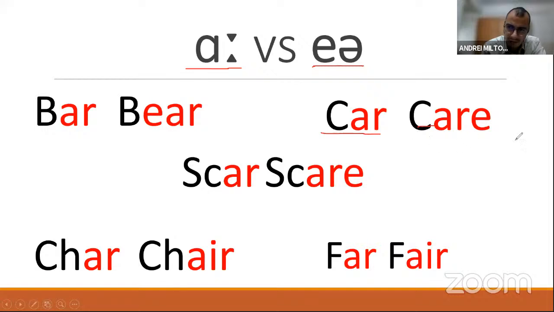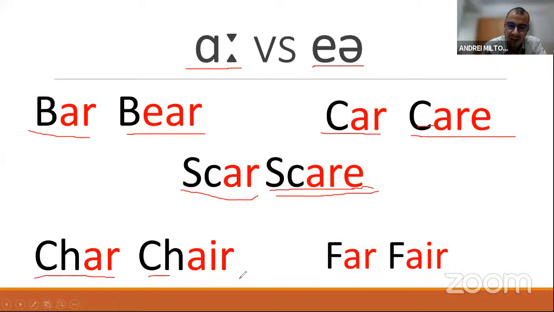How do you pronounce then this one? Care, right? Then why sometimes you are pronouncing as scar? This is a scar and this is a scare, right? Then ba and bear, right? Char, chair, far, fair. Very different sound, right?